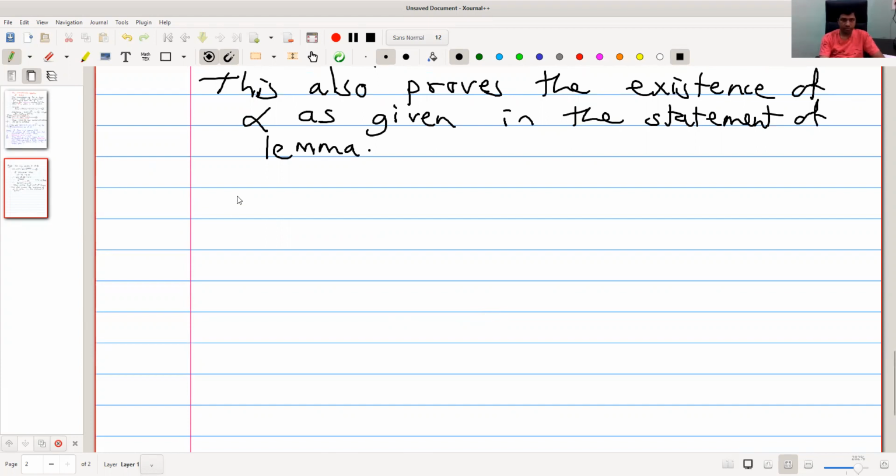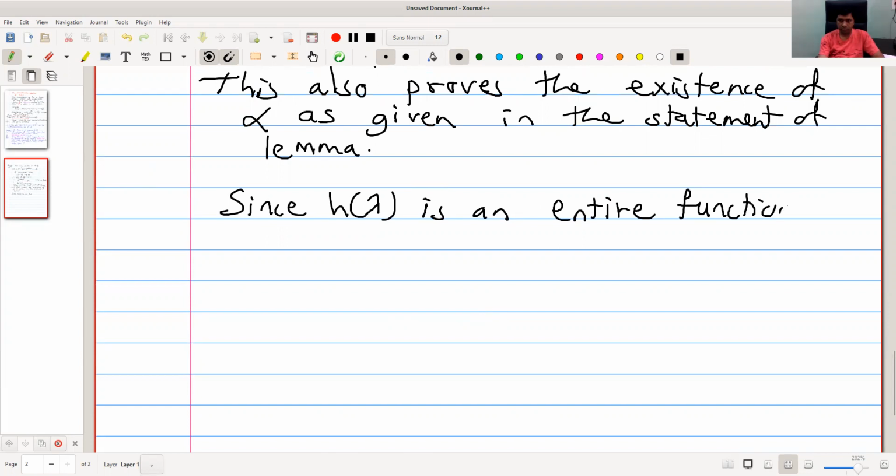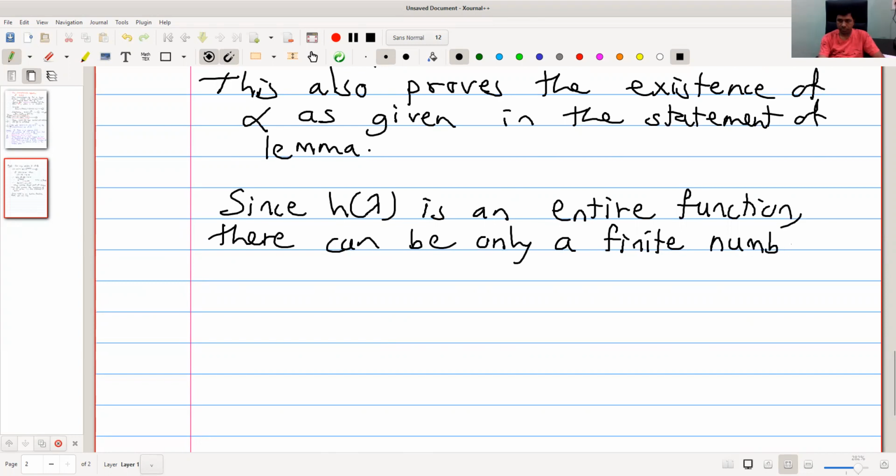Since h of lambda is an entire function, there can be only a finite number of zeros of h of lambda in any compact set.